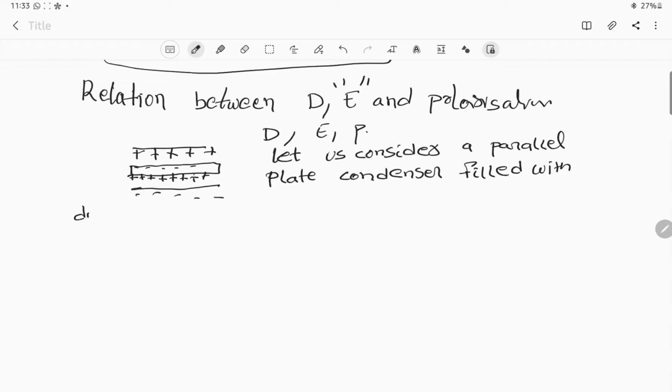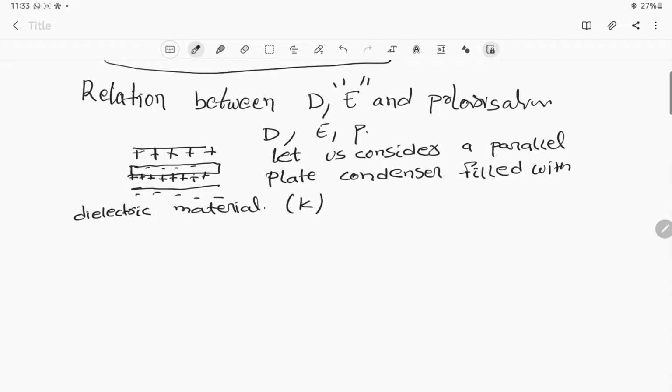So filled with a dielectric material, and let that dielectric constant be denoted with K.